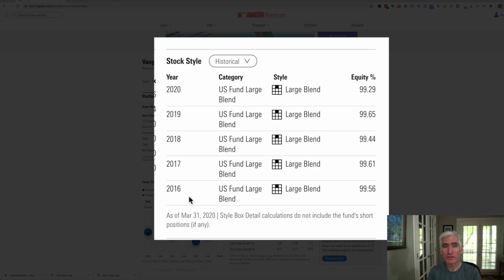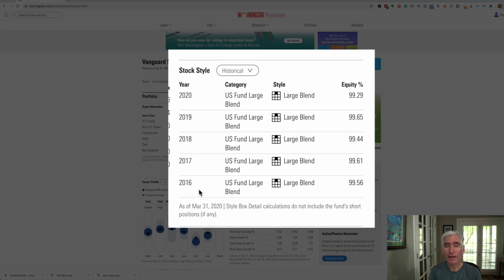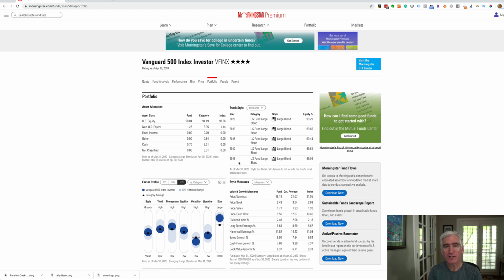And there were even cases where it went from value to blend and then blend to growth because the companies that the fund was investing in did so well and grew so much that, well, they became growth companies. So the history here can be important for some of you, again, depending on if you're investing in actively managed funds versus index funds.